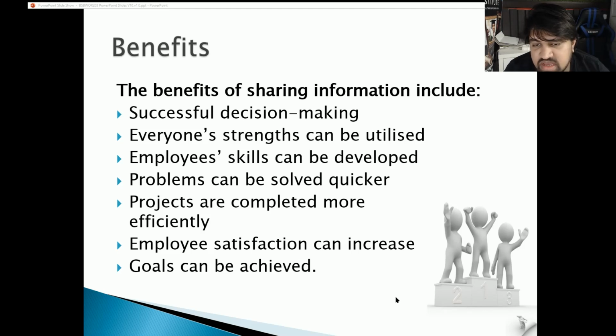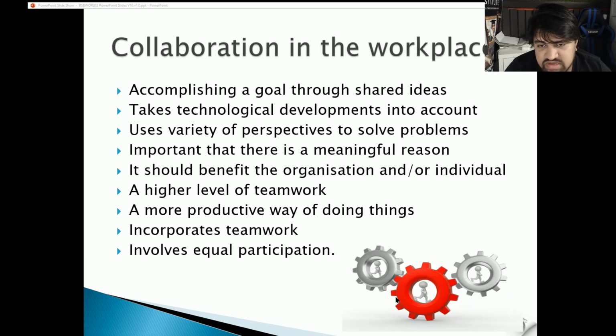We can develop our skills and move forward in our professional career. The problems can be solved a bit quicker, and it allows us to break it apart and solve it in smaller sections instead of trying to tackle a bigger problem. The projects can be completed a bit more efficiently, our employee satisfaction can increase, and goals can be achieved.